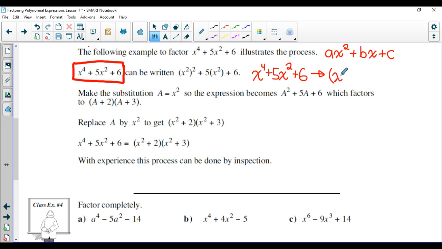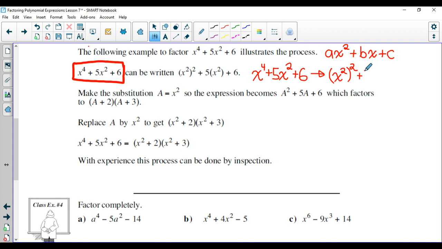So I can write down x squared, squared. x squared to the power of 2, you just use the power of a power rule, so you multiply the exponents, and that would be x to the power of 4.